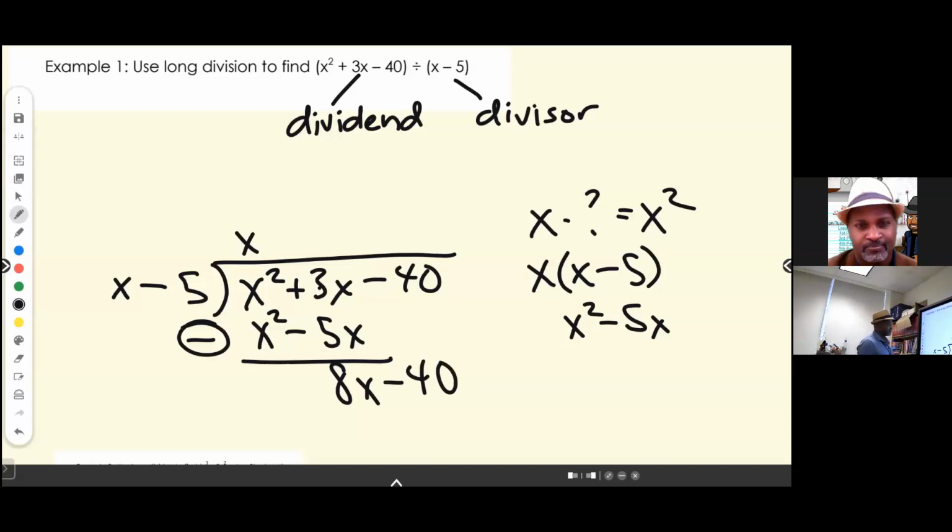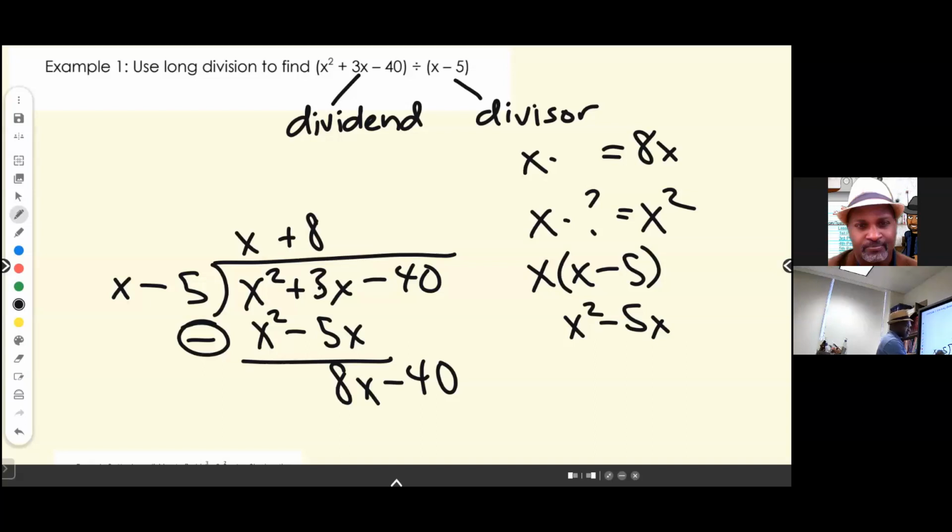Now let's repeat. How many times does x go into 8x? What do I multiply times x to get 8x? That's going to be a positive 8 because 8 times x is 8x.